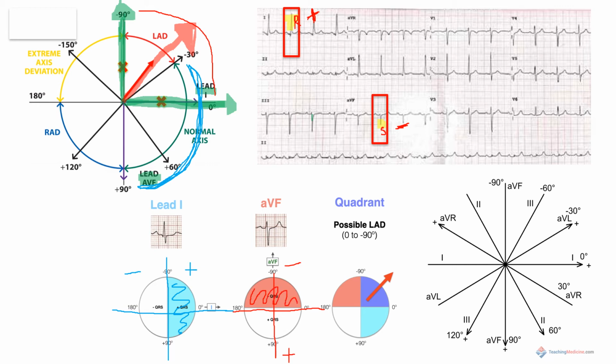Then what you need to do is try to superimpose the two shaded areas together. And what you're going to see is right in this region, this is where both of them meet. So one more time, you get to the same answer, which is that your mean electrical axis is in this quadrant right here, anywhere from 0 to -90.